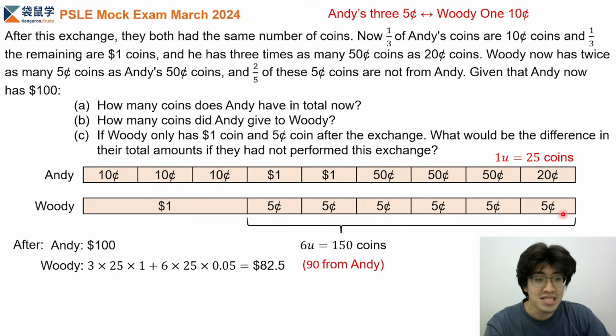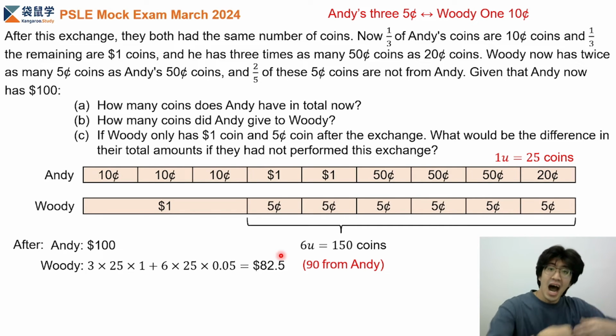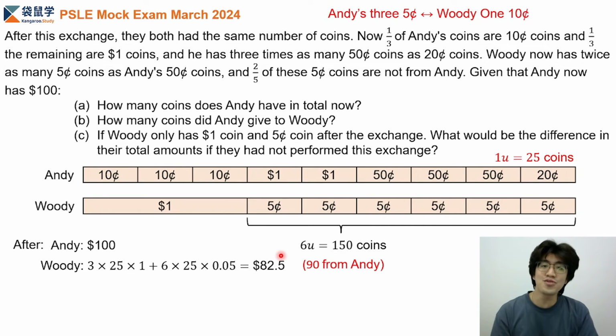And for this part, since there are 6 units, every unit is 25 coins, and the value is 0.05, I can get 82.5. So from here, I have already worked out the total amount of Andy and Udi after the exchange. So we just have to undo this exchange.